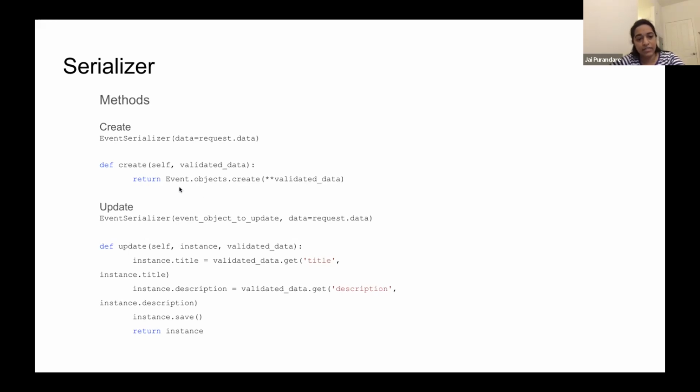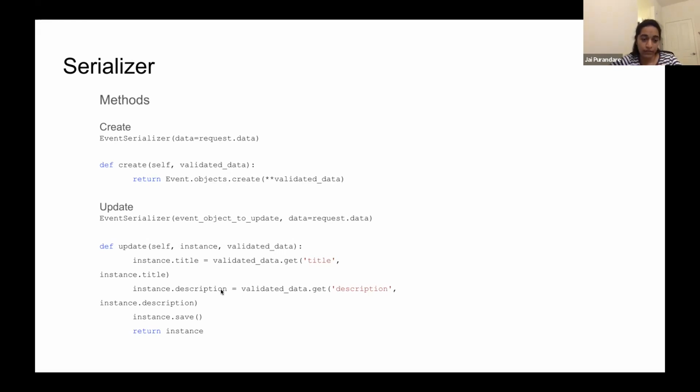It is mandatory to return this instance of an object through the create method. Similarly, with the update method in the serializer, all you need to do is fetch the object to be updated first. Let's say you want to edit the event whose ID is 1. You fetch the event in the view, and you pass that object to this event serializer with the data that needs to be updated.